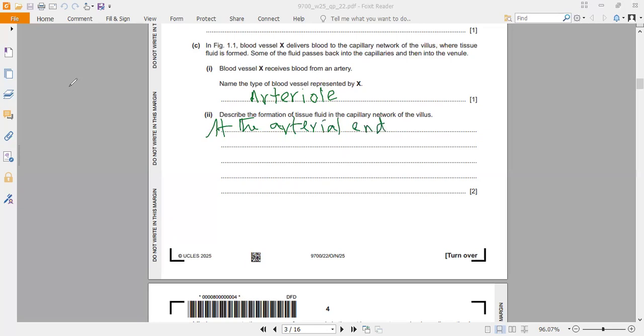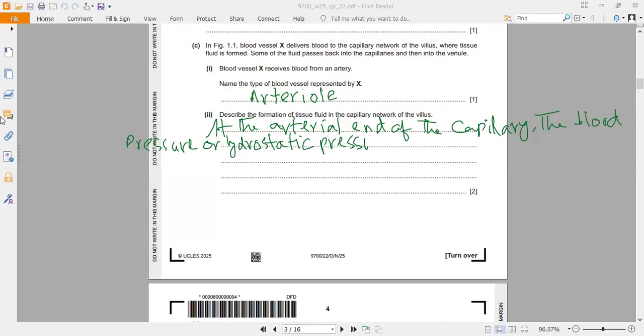At the arterial end of the capillary, the blood pressure or hydrostatic pressure is higher than the osmotic pressure.